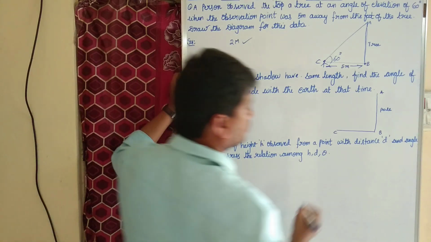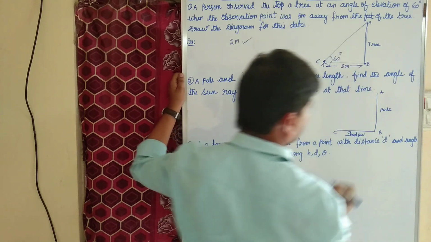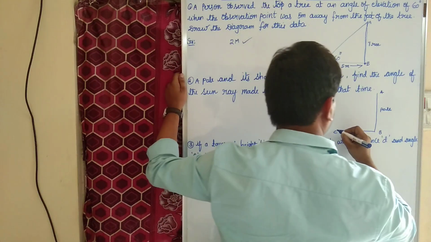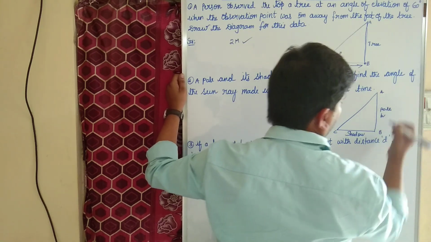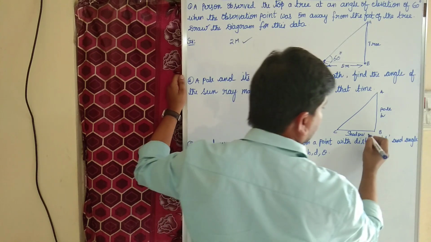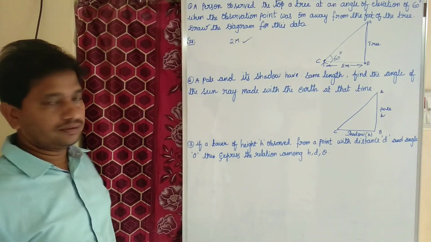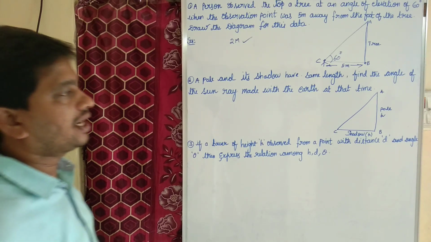Okay, this is our shadow. They both have the same length. Let the height of the pole be h, then the length of the shadow is also h only. Then find the angle of the sun ray made with the earth at that time.